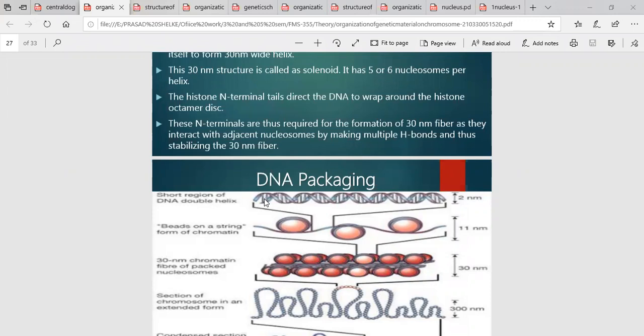That's why this packaging and unpackaging of DNA is important from the point of view of gene expression. During cellular metabolism, it is important to study the unfolding and folding of this DNA molecule. This double helical structure gets unwound during DNA replication. We will study that in later lectures.